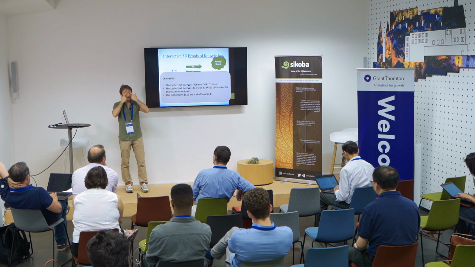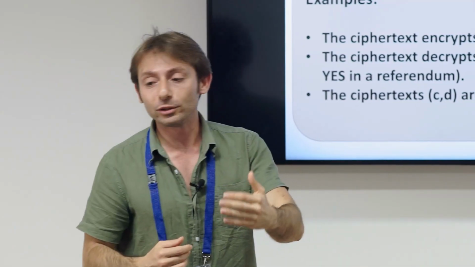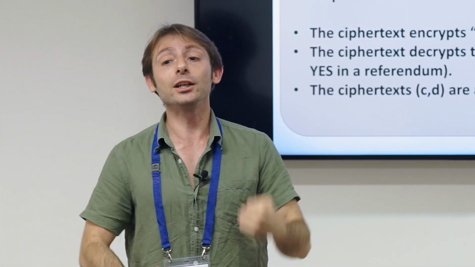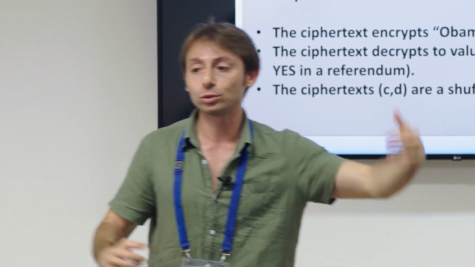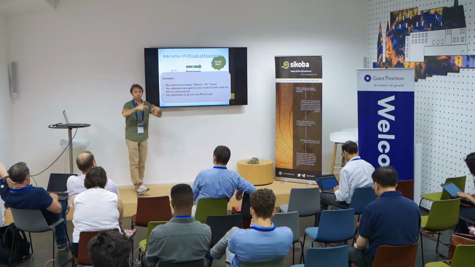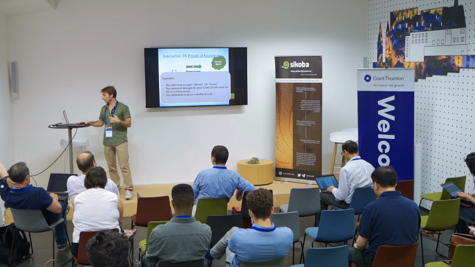But proof of knowledge is very useful in this context because I can enforce that this bad behavior does not happen, by asking the encryptors, so the voters, to add a proof that they know what they encrypted. They know, for example, the randomness they used to produce the ciphertext. In this case, I cannot profit from seeing the ciphertext of Alex, because I should know what randomness he used to produce the ciphertext.